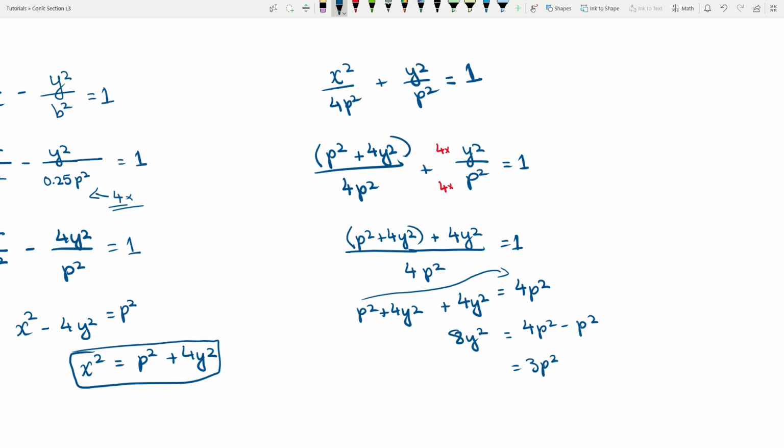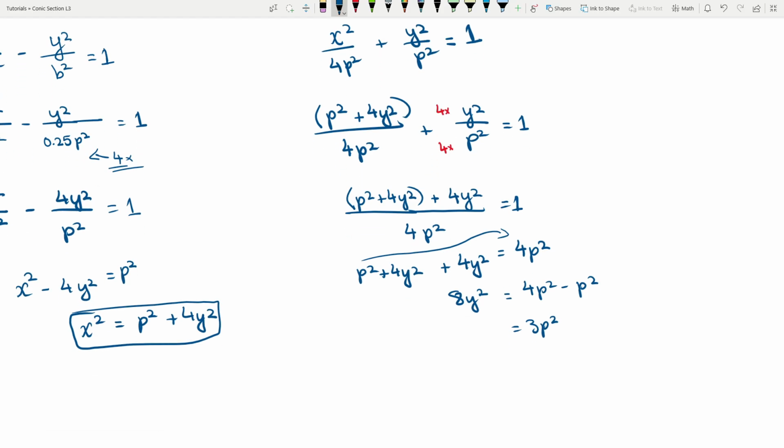Therefore, yeah, we want to isolate 8, right? So 3p squared over 8, that's y squared, and then y equal to plus minus the square root of 3 over 8 p squared.